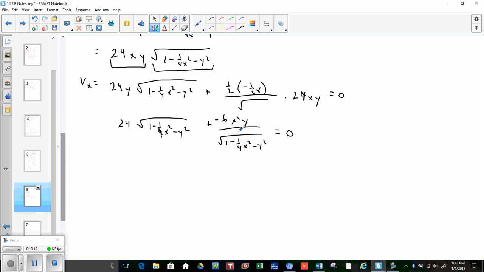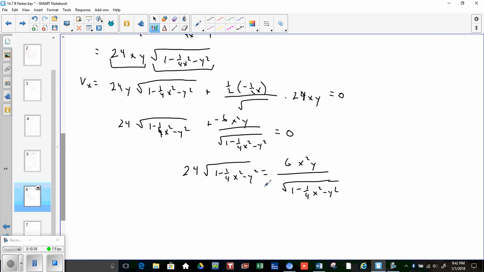Alright, so if we add all this to the right, squared equals 6x squared y over square root 1 minus 1/4 x squared minus y squared.